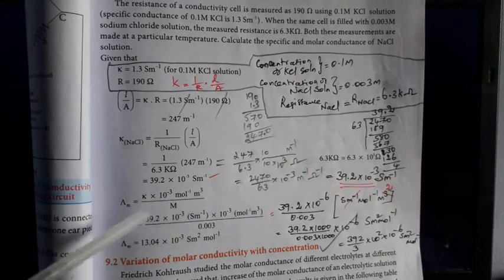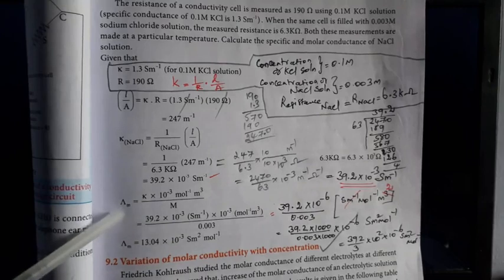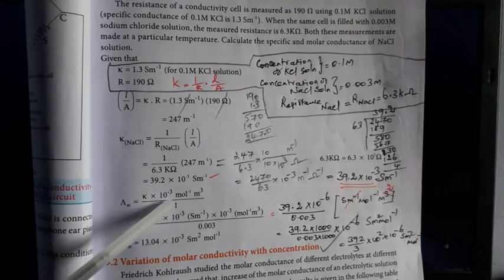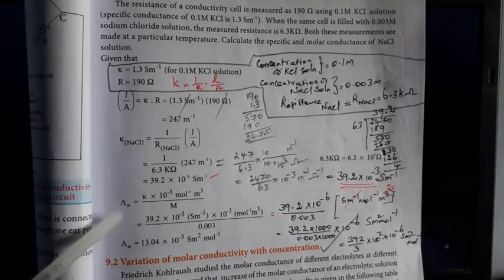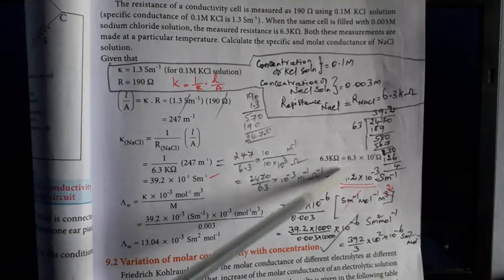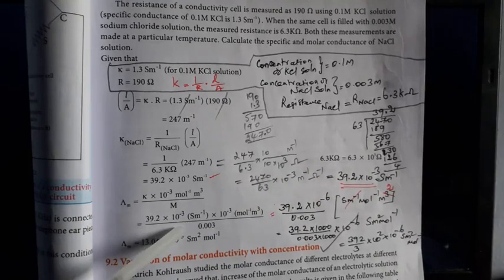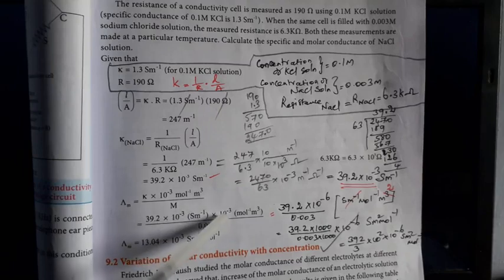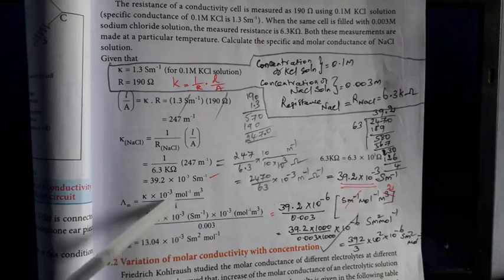Now lambda m is equal to kappa into 10 to the power of 3 mole per meter cube divided by the concentration. Lambda m, we want the molar conductance. The kappa value already found out is 39.2 into 10 to the power of minus 3 S m power minus 1, into 10 to the power of 3 mole per meter cube, divided by 0.003, the molar concentration of the sodium chloride solution.